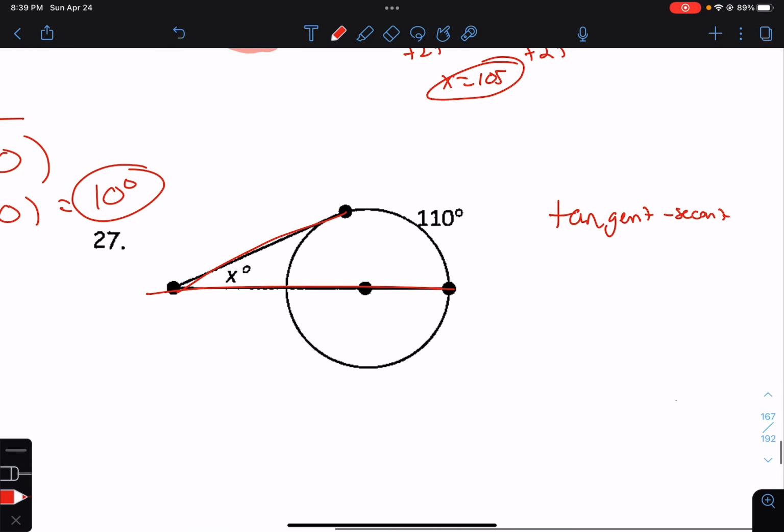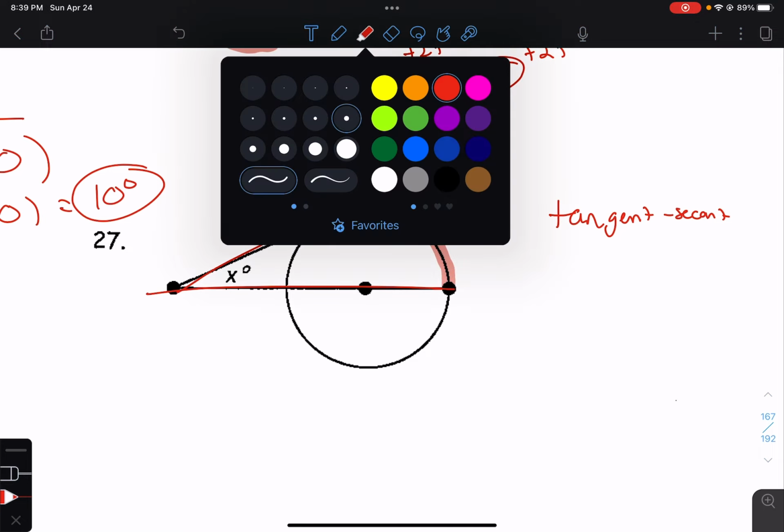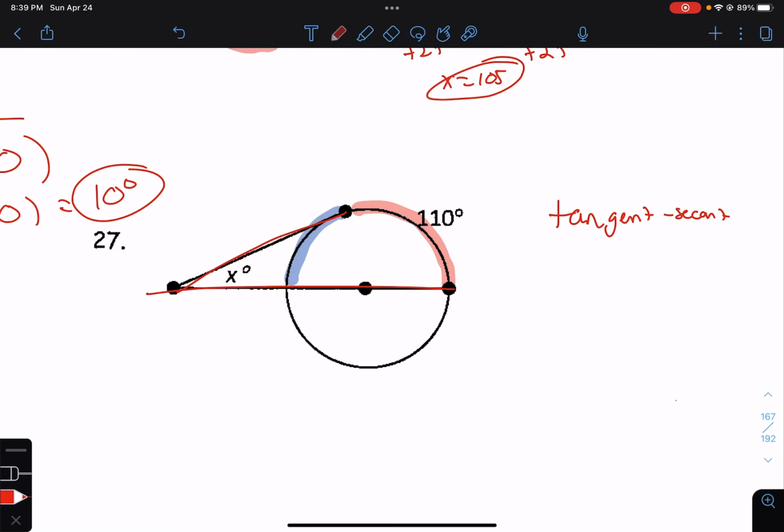Okay. So basically, we need to do the red guy minus the blue guy times 1/2. However, the problem is we don't know what the blue guy is. But this secant line is a special secant line. Do you see how it goes through the center?